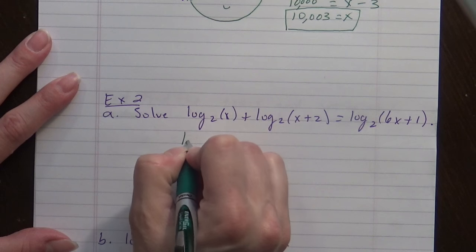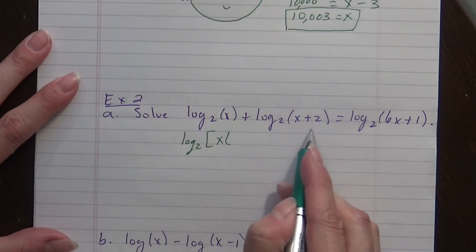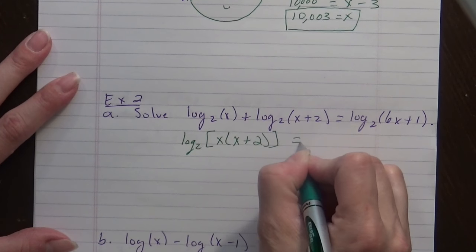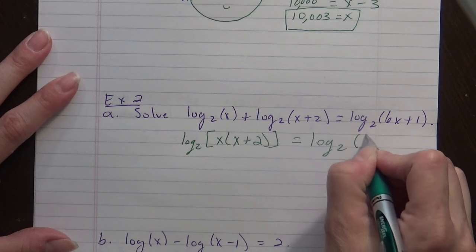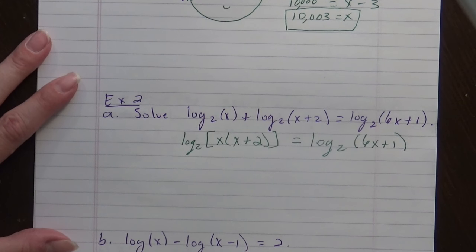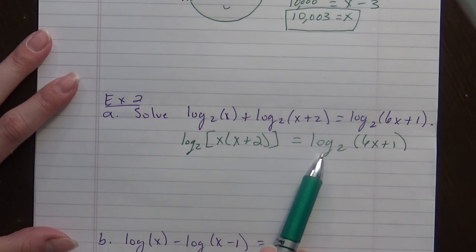So we have log base 2 of x times x plus 2 equals, and then over here I'm just bringing it down on the other side. Okay, so we used a product rule to get us to this point. And now we have log base 2 of this equals log base 2 of this.